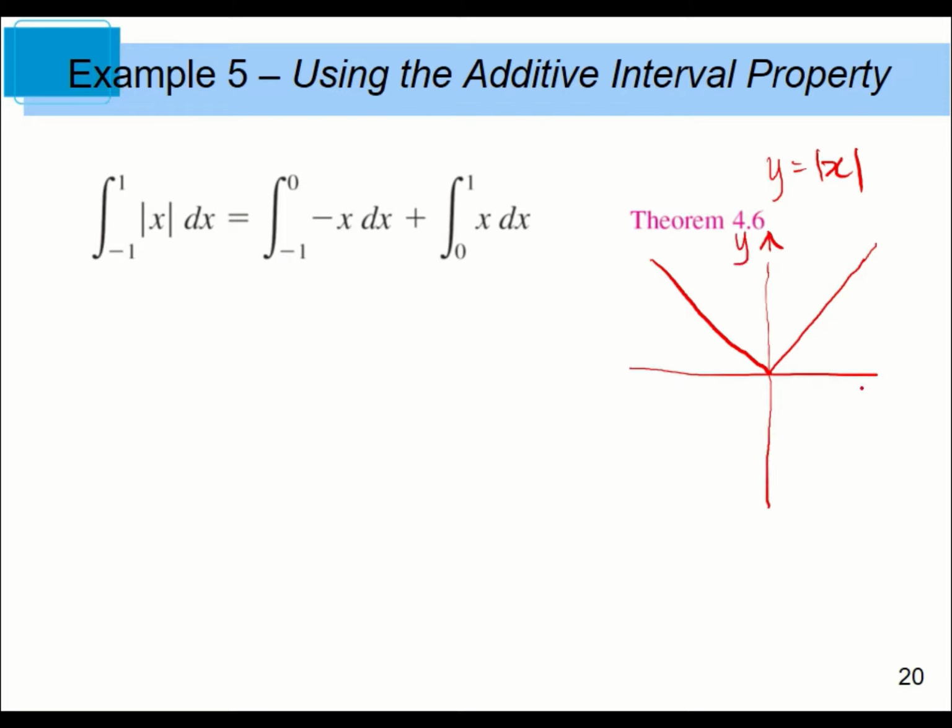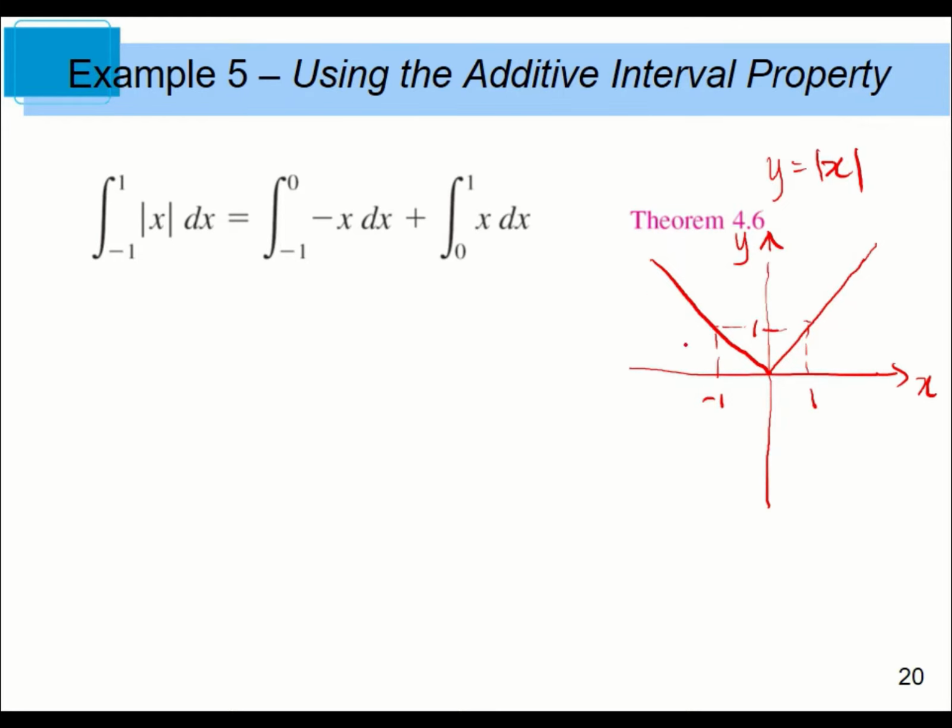When x is 1, y is 1. But when x is -1, y is still 1. After taking the absolute value, we always get a positive number. So this is the graph.